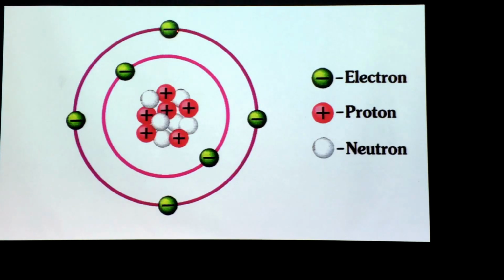However, it doesn't have a full set. It can actually react another 1, 2, 3, 4 more times. This atom is said to be reactive because it doesn't have a full set of electrons in its outermost shell. In order to be inert, it would have 8 valence electrons.